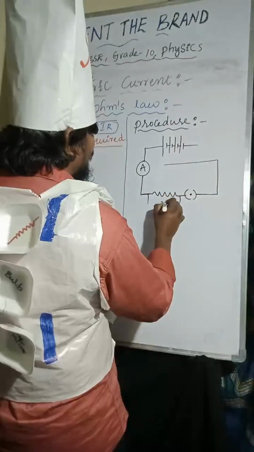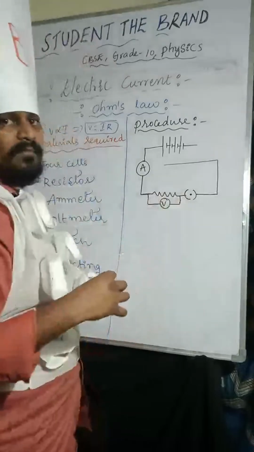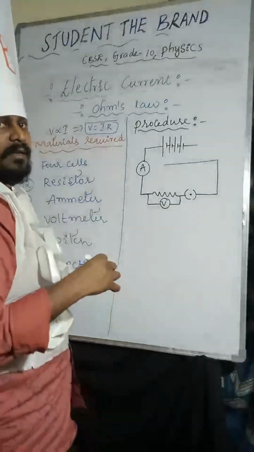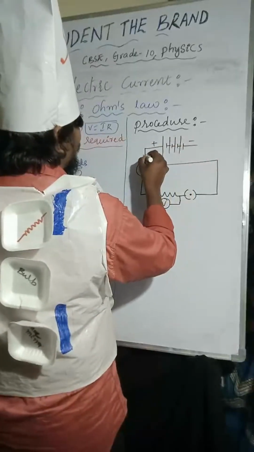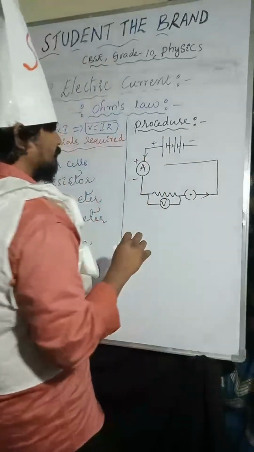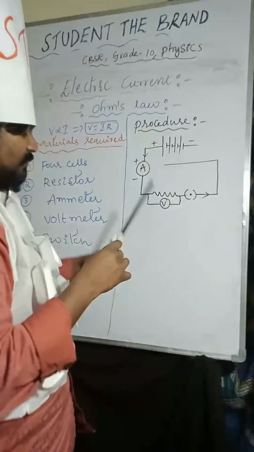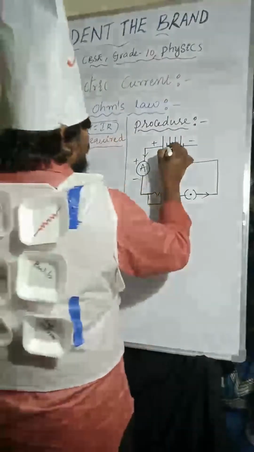Here I am connecting the voltmeter. So positive terminal, negative terminal, current is flowing. Now you can observe.